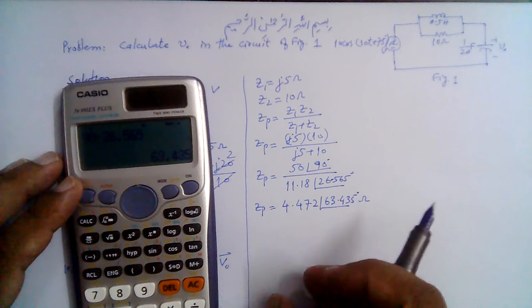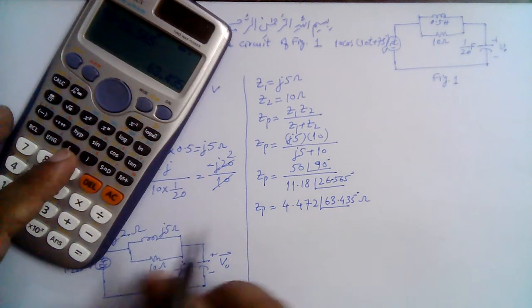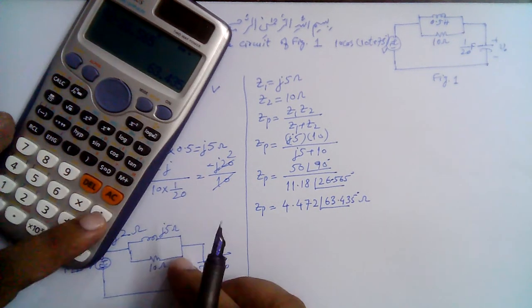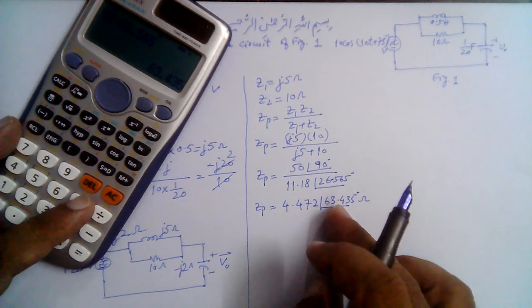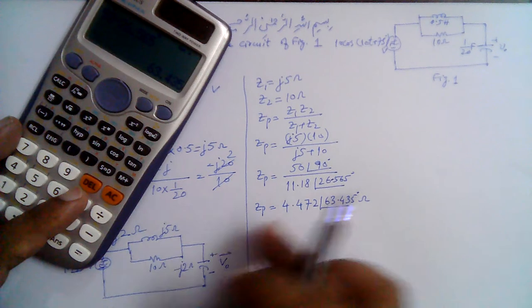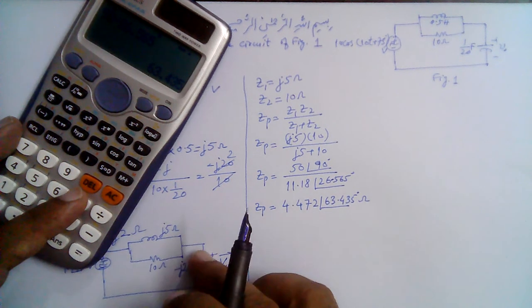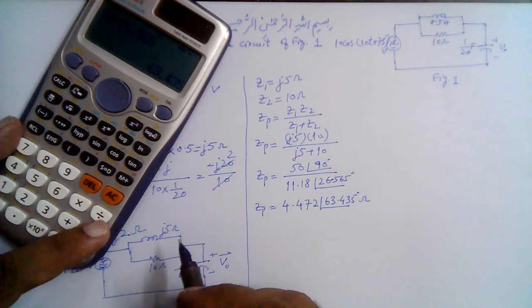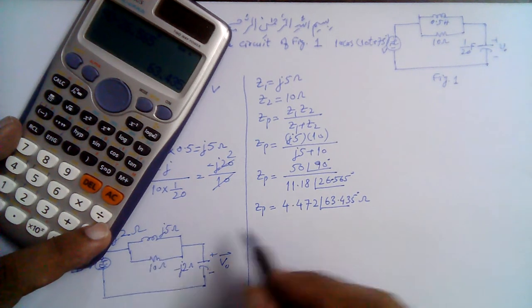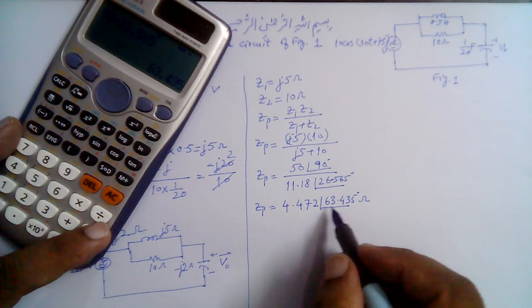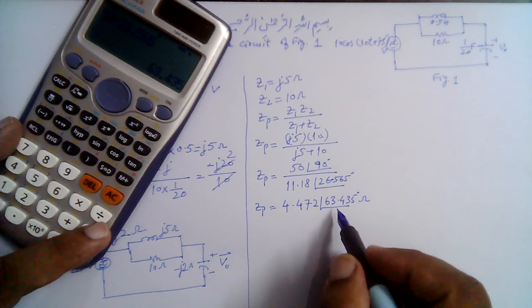So this is the impedance of this parallel combination, and this angle is positive here, which means the current through this impedance lags the voltage, considering this inductance here. So the response of this impedance is also inductive.